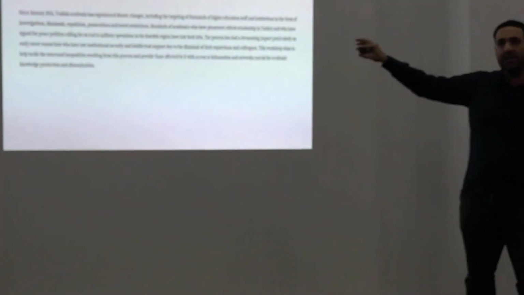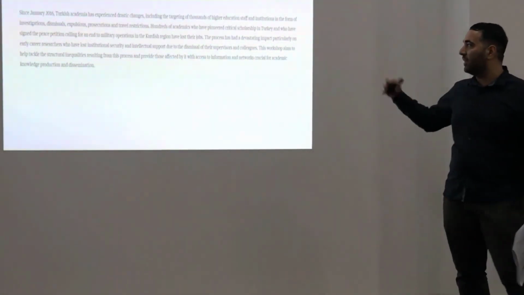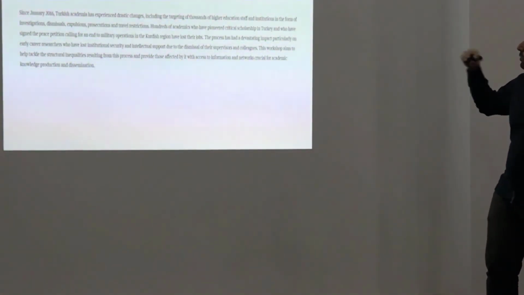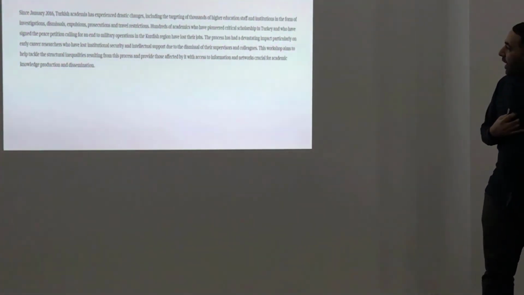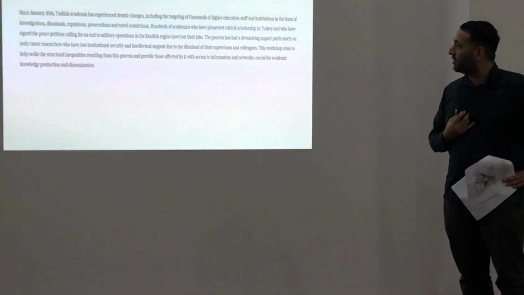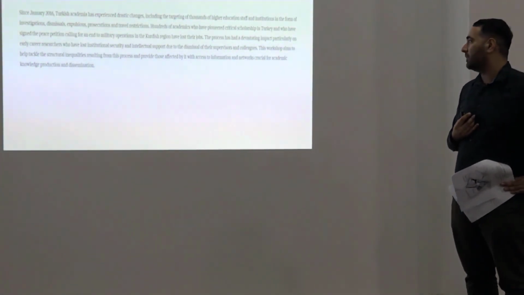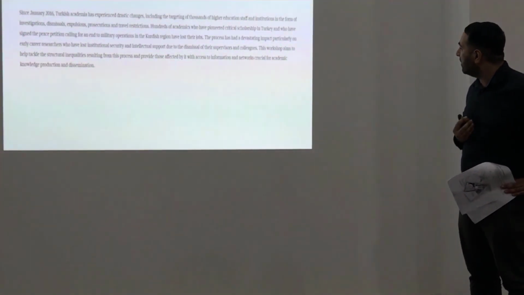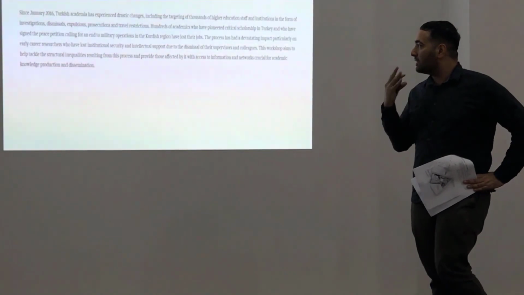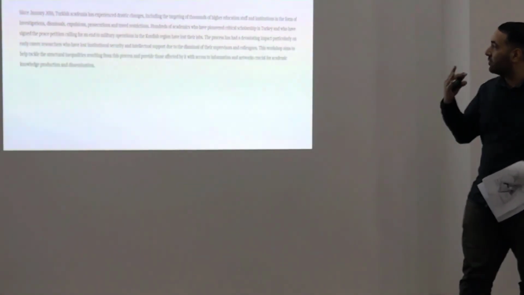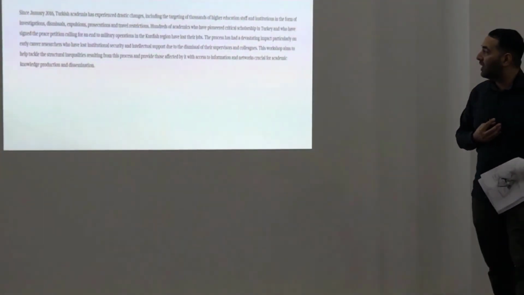So you can see this person is trying to help Turkish academics in relation to their troubles. Hundreds of academics who have pioneered critical scholarship in Turkey and who have signed the peace petition calling for an end to military operations in the Kurdish region have lost their jobs. The process has had a devastating impact, particularly on early career researchers who have lost institutional security, intellectual support due to the dismissal of their supervisors and colleagues.